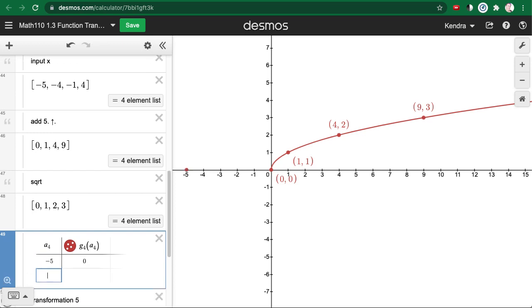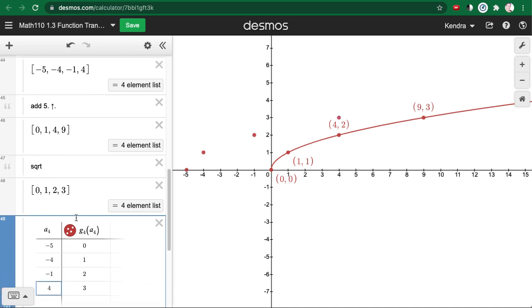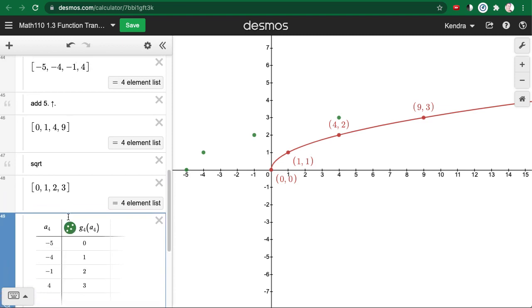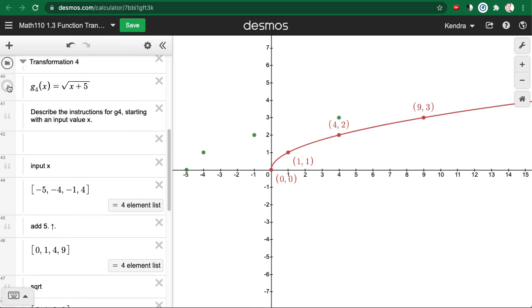Okay, so that says with these input values, I get those output values. So tracking those points through the function also gets me the same outputs. And if I fill in my graph, then it does follow those 4 key points.